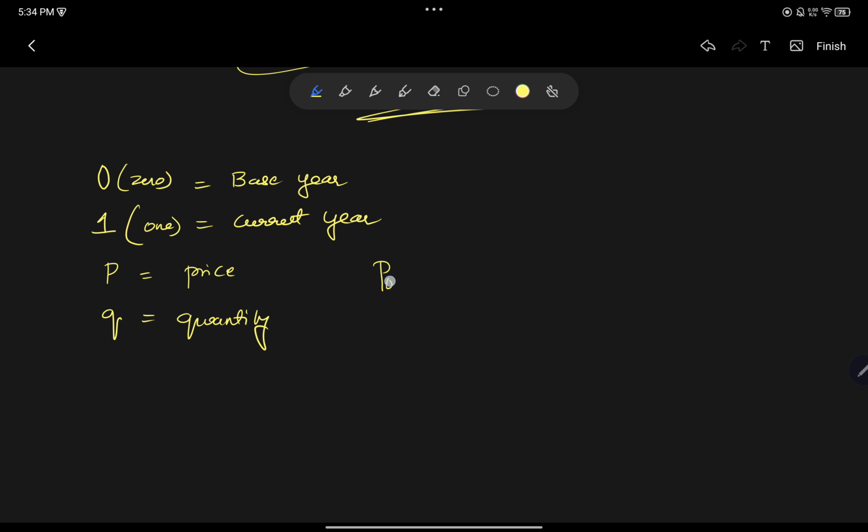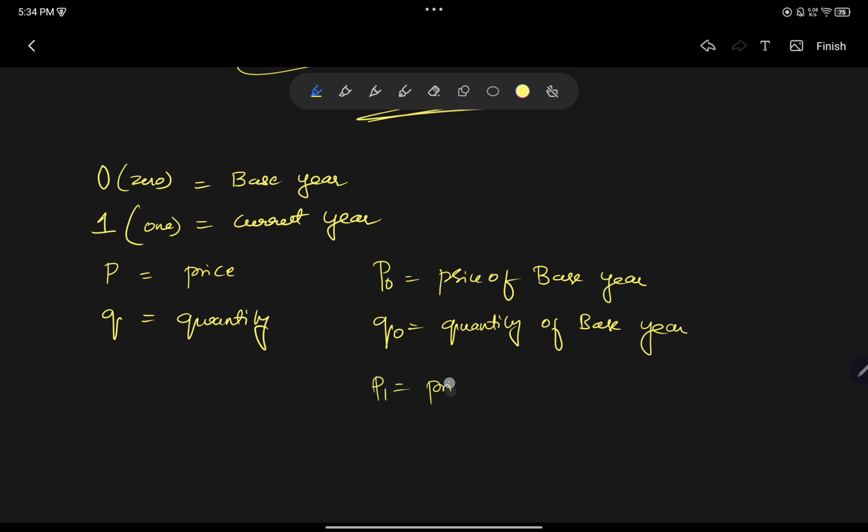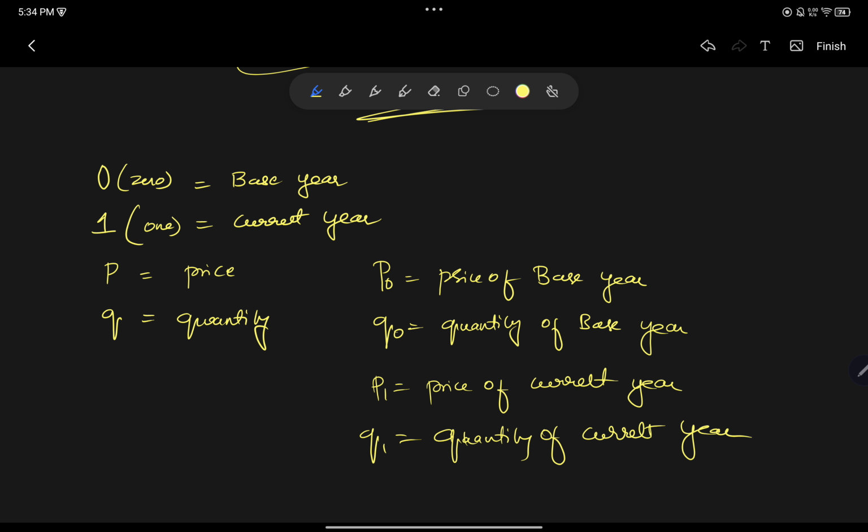If it is written as P0, that means price of base year.